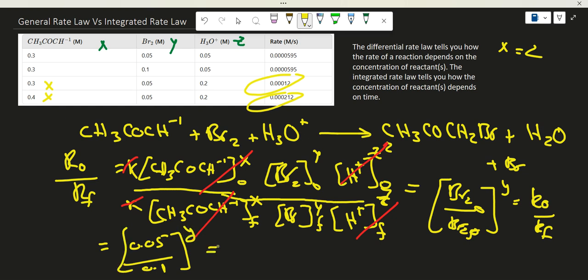y, and the rate of the reaction is 0.0000595 divided by 0.0000595, and this one is going to be equal to 1.